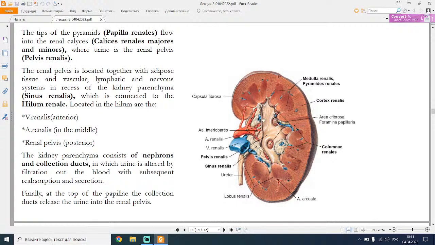This is renal pelvis. This is sinus renalis, ureter. This is calyces lesser, calyces greater.